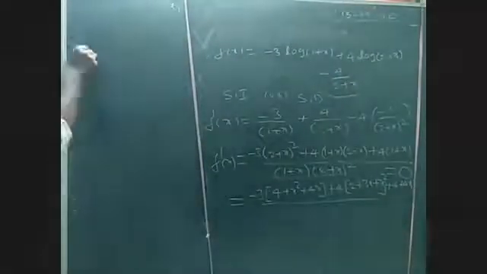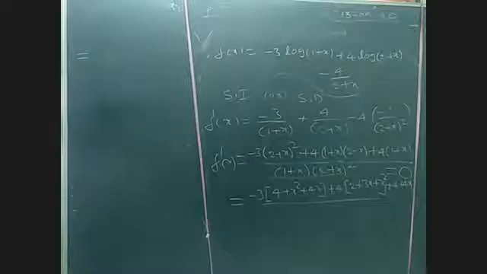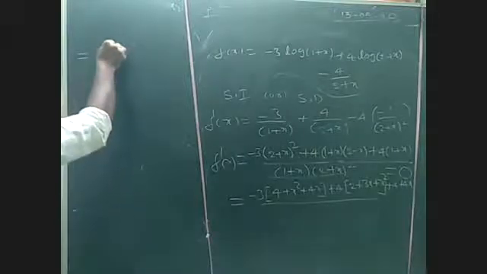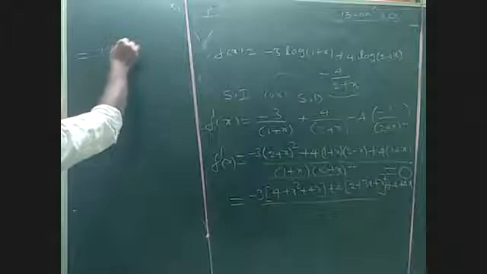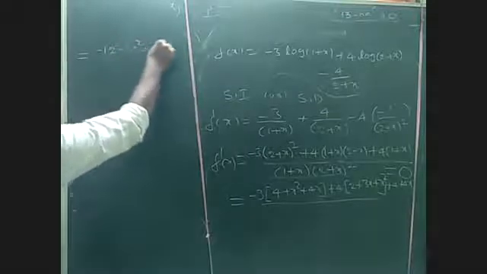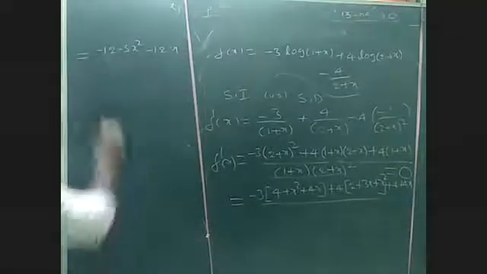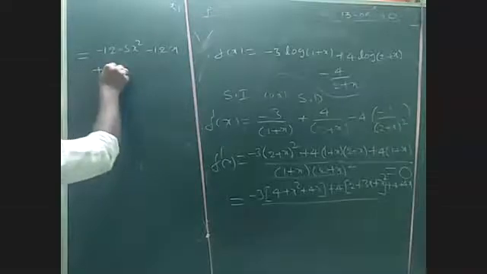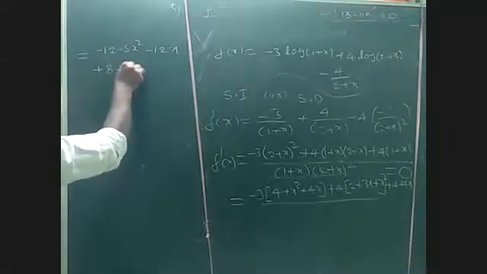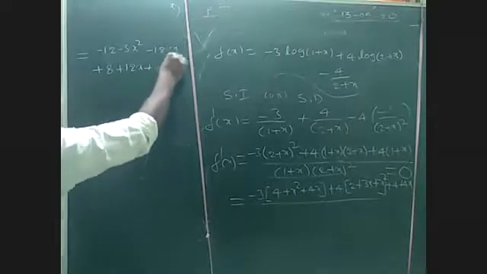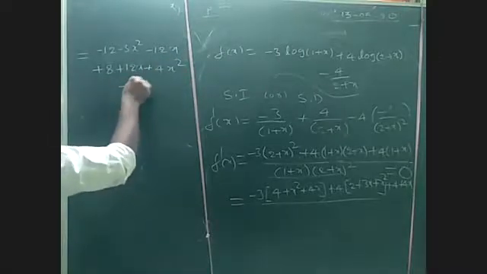So now this is equal to minus 12 minus 3x square minus 12x plus 8 plus 12x plus 4x square plus 4 plus 4x.